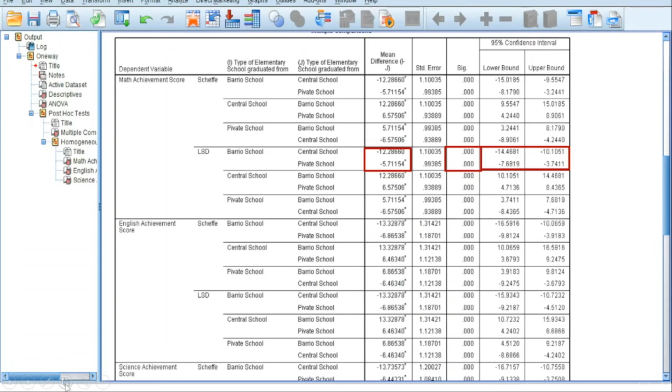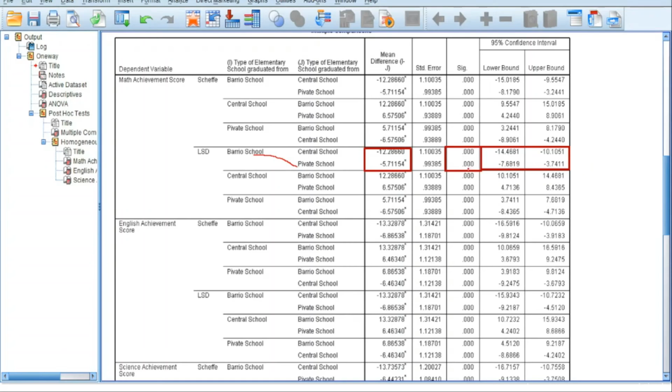Alright. Now, if you try to compare the mean achievement score of students who came from various school and private school, alright, there is also a difference of negative 5.71. And the p-value here is also 0.00, which is also less than 0.05.